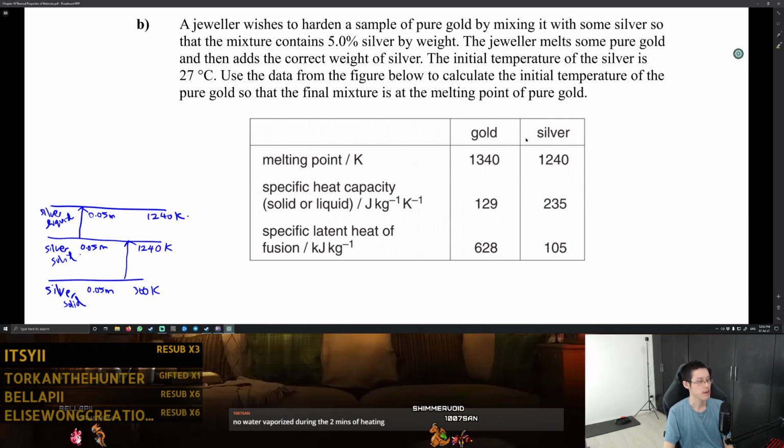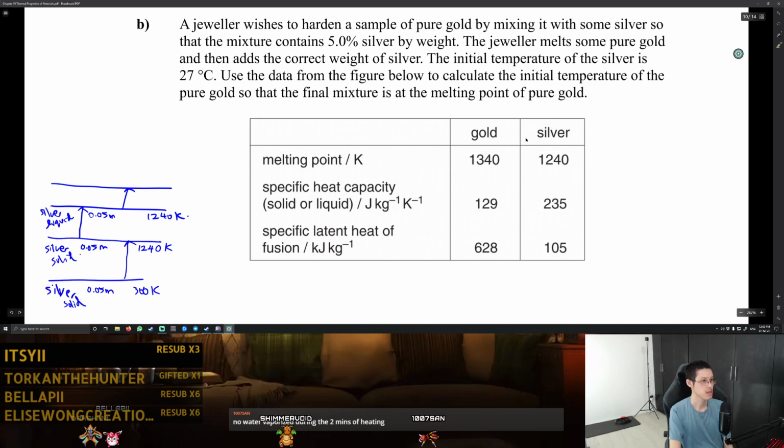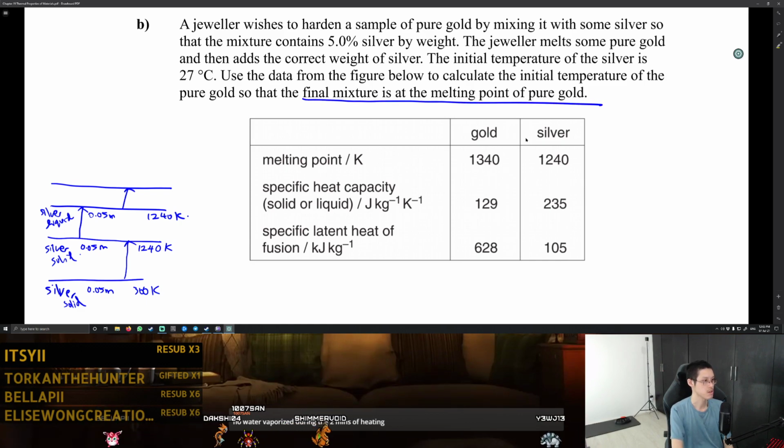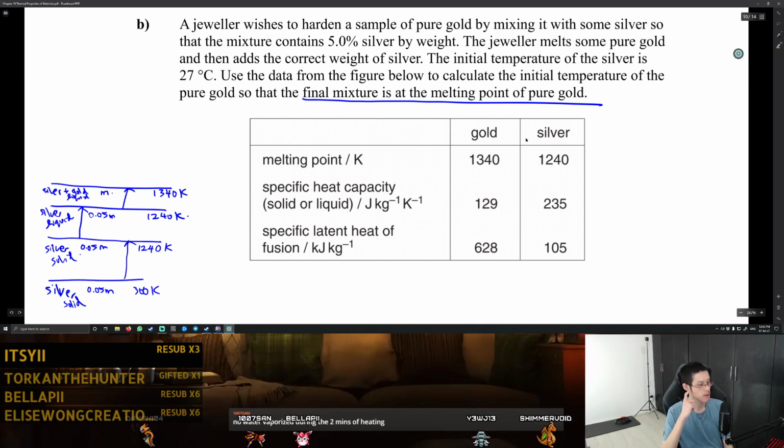Okay, and now that it is finally melted, we want to increase this again so that the final mixture's temperature is at the melting point of pure gold. See, the final mixture is at the melting point of pure gold. So therefore, we have to increase this to 1340 K. So this is going to be silver and gold, and then this is in liquid form, and then M is some constant M here. There we go.